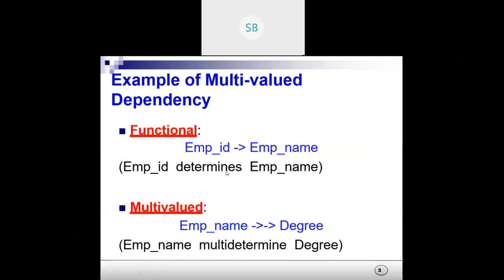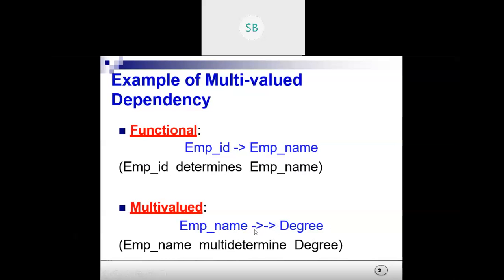You have functional dependencies. We write them in this manner: employee ID determines employee name, or we can say employee ID is determined by employee ID. Similarly, for the multi-valued dependency there is a double arrow. Here we say that employee name multi-determines the degree.